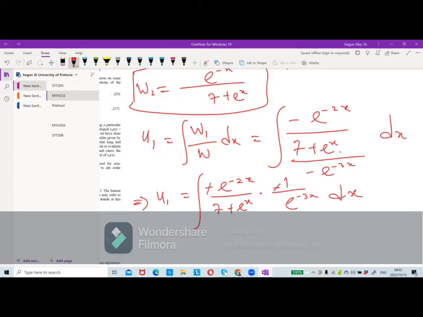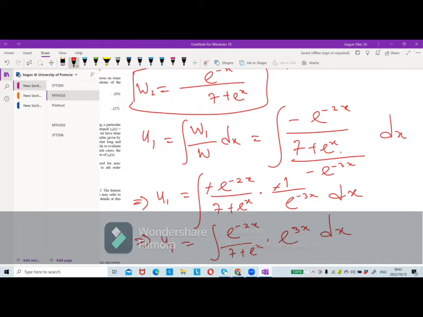Now, how do we solve it? Look at it critically. If I change the power now, like Ibrahim suggested, which we are going to do, we are going to have integral of exponential minus 2x over 7 plus exponential x times exponential 3x, dx.